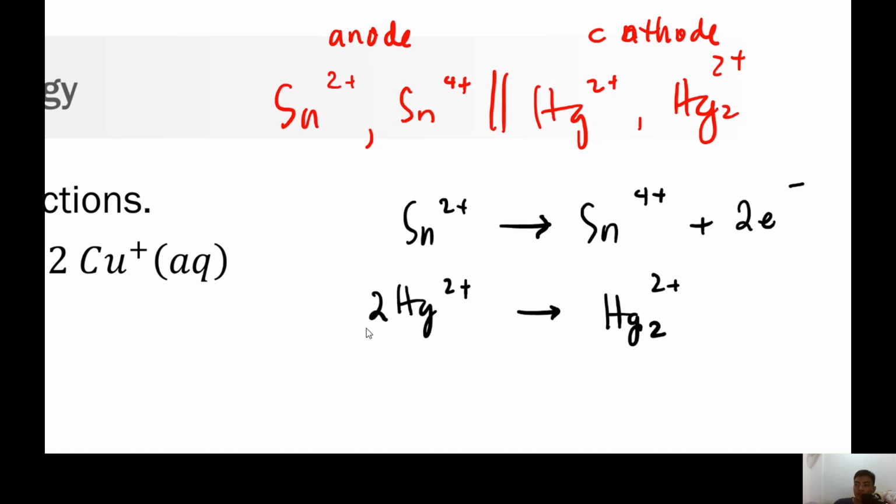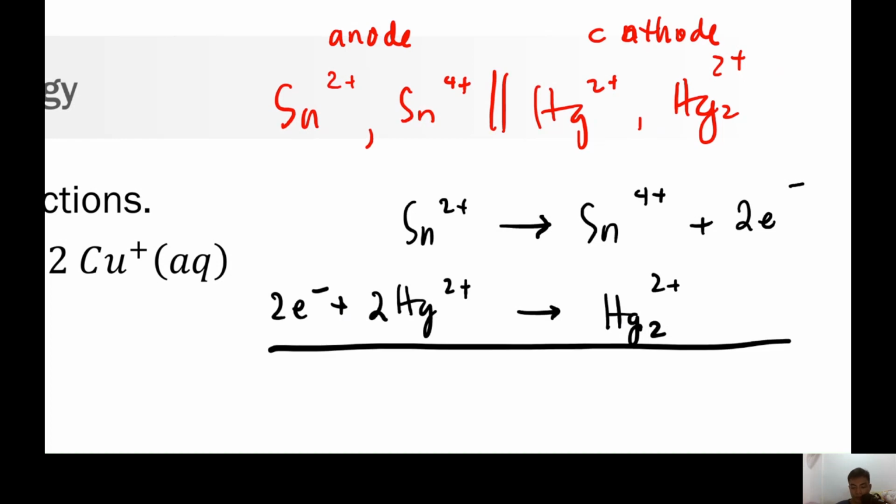We have 2 mercury atoms here, 1 mercury atom here, so balance that. Now let's solve for the charge. The total charge on the left is 2 times 2, which is 4, and then we have 1 times 2 on the right, which is 2. So we have positive 4 and positive 2. We're going to place 2 electrons here to make the charges equal.